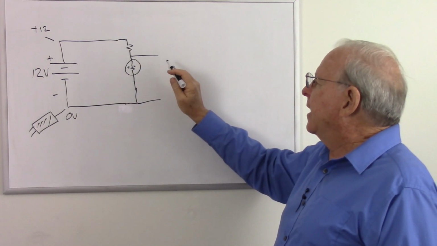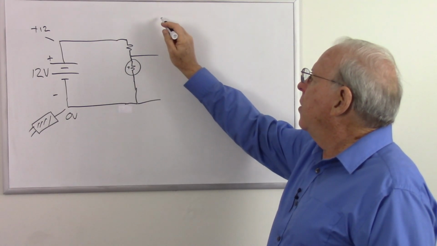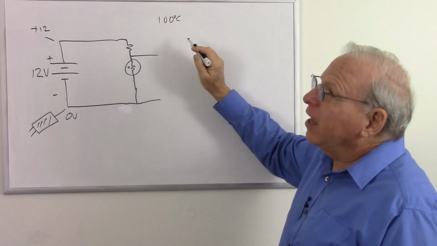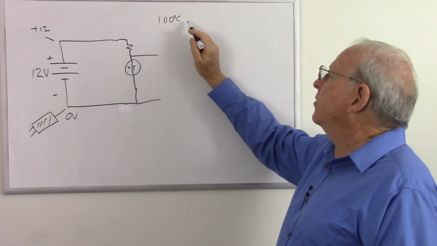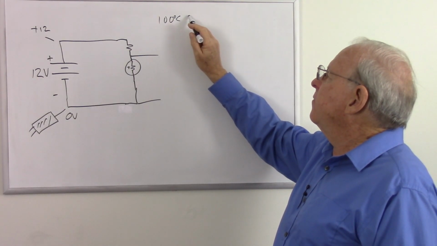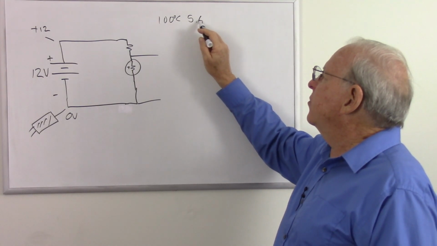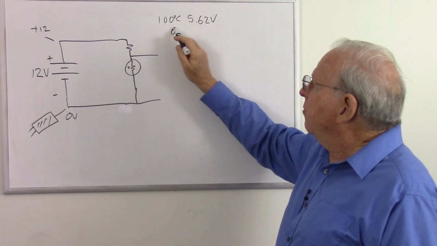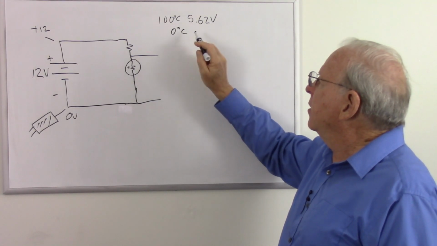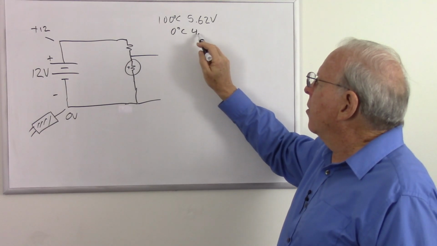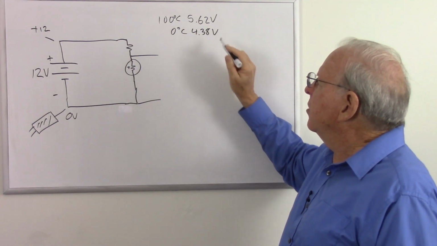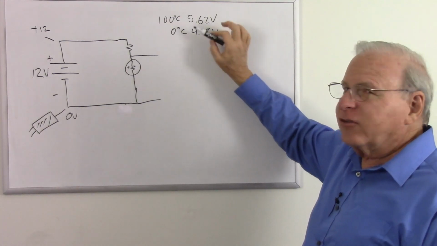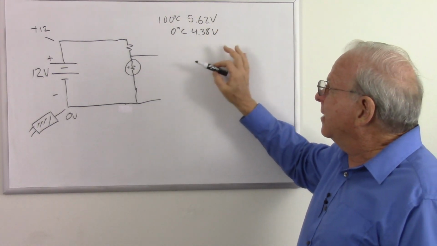And let's say that at 100 degrees C, we have, let's say, 5.62 volts. And at 0 degrees C, we have 4.38 volts. So there's a very narrow range, and what I need to do is have a circuit that's going to make a change that is more meaningful.